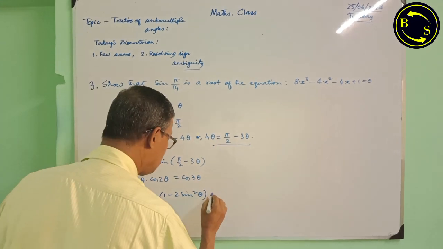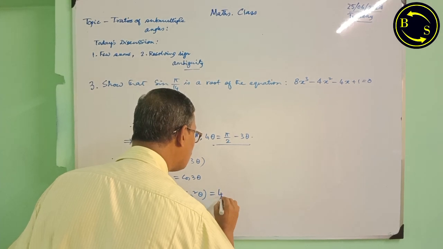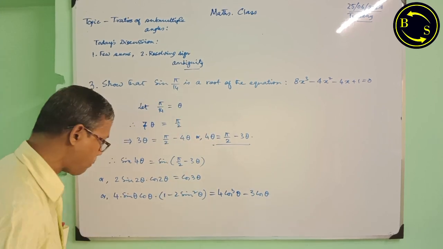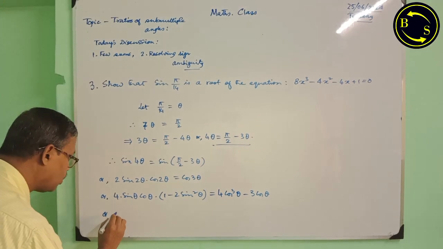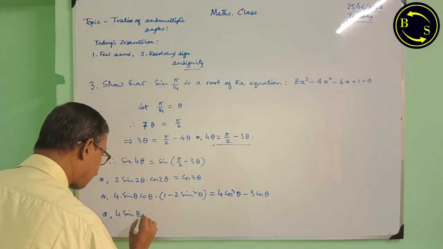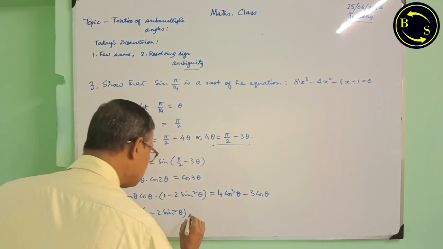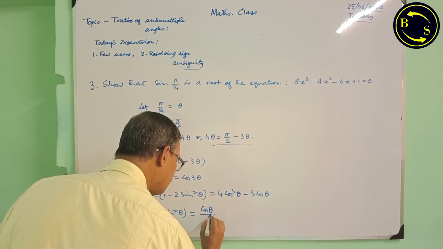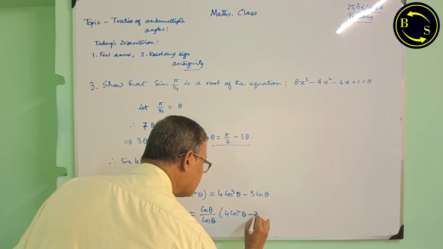Now I put the formula for cos 3 theta, 4 cos cube theta minus 3 cos theta, or 4 sine theta into 1 minus 2 sine square theta is equal to, I take cos theta common, 4 cos square theta minus 3.